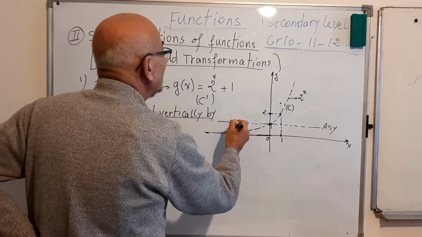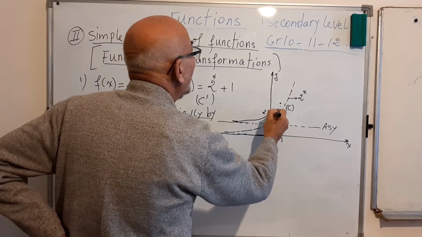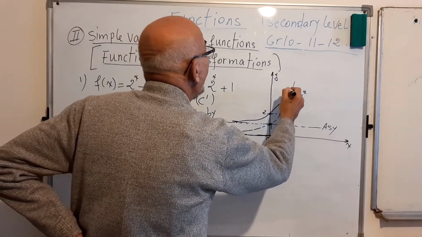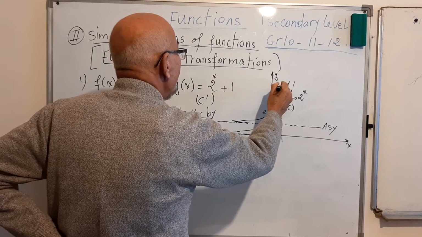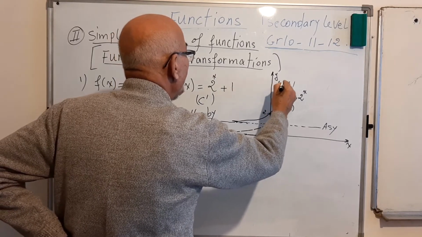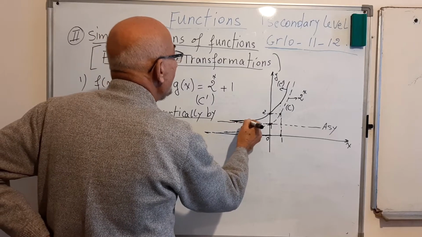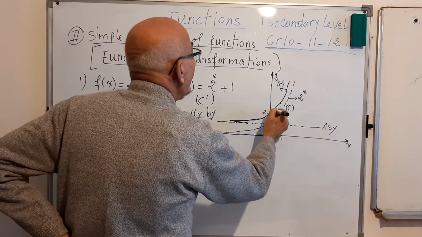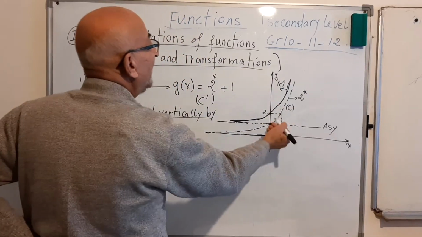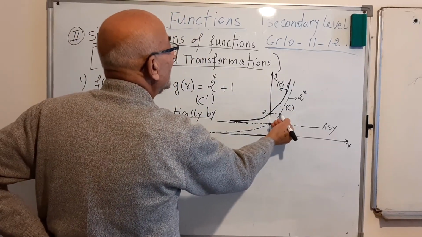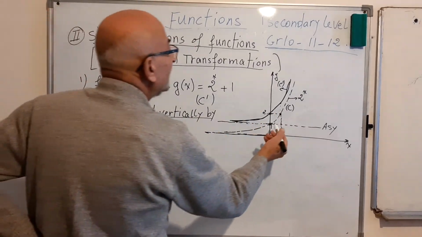So the graph of g is raised by 1 unit vertically.